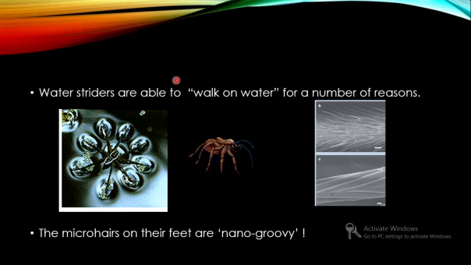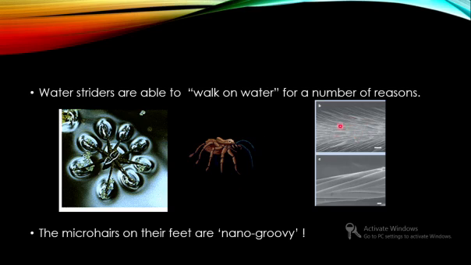Another interesting example is water striders. You would have noticed some insects are exceptionally great at traveling on the surface of water, isn't it? So, are they tricking gravity, or are they tricking the buoyancy effect? So, what is it? How can they walk on water? There are nano grooves on the legs of the water strider.